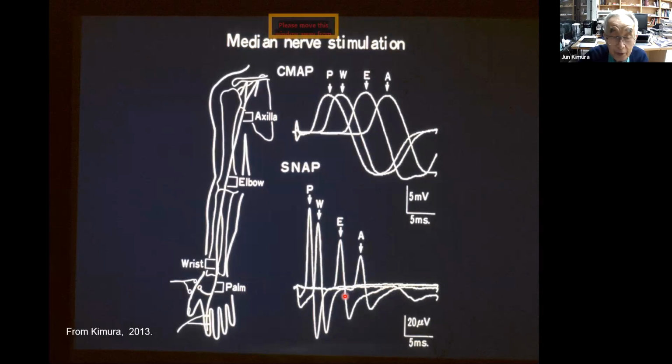Now here, you ask why is it that the response recorded after stimulation of the axilla is so small compared to the response elicited with the palm?